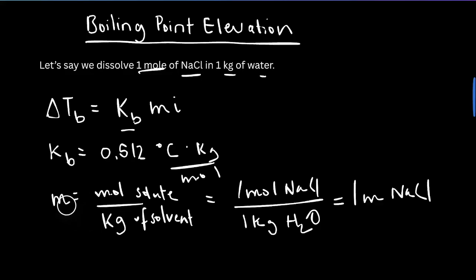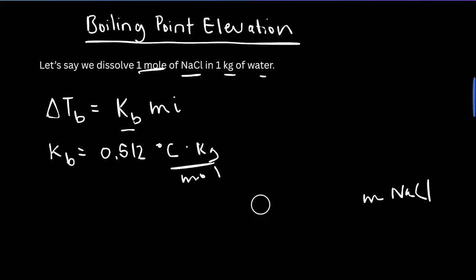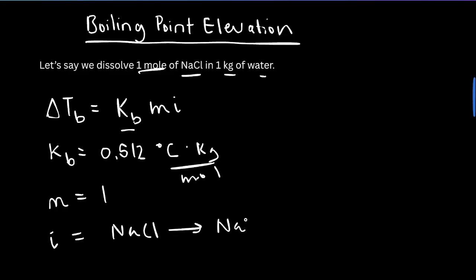So let's just clear this up a little bit. We can see that our m is then equal to 1. And what about our Van't Hoff factor? This is what we saw just previously. We know that NaCl dissociates into Na+ and Cl-, so that is 2 ions or 2 particles that this NaCl is going to dissociate into. And so our Van't Hoff factor here is going to be equal to 2.